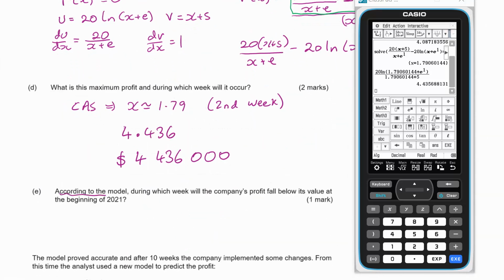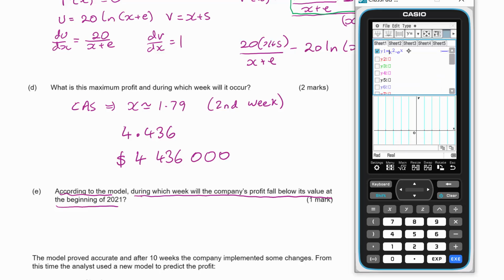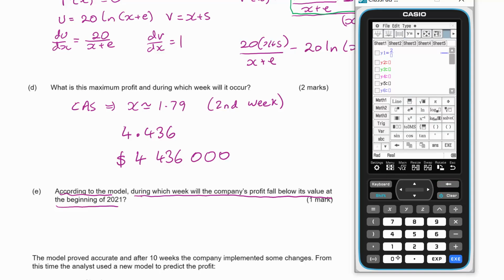According to the model, during which week will the company's profit fall below its value at the beginning of 2021? Well, there's various ways of doing this. So I'm going to do it using graph and table. I'm just going to clear anything I've got at the moment, and I'm going to put in 20 natural log of x plus e, divided by x plus 5.